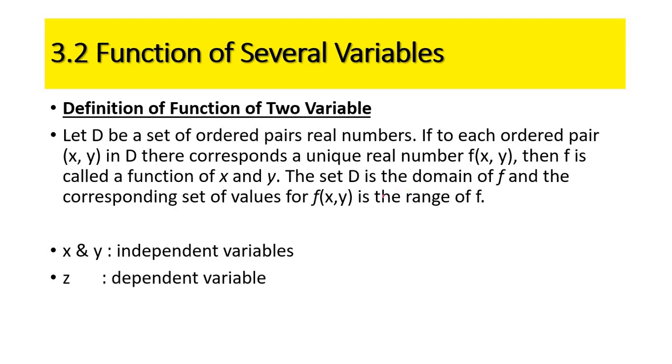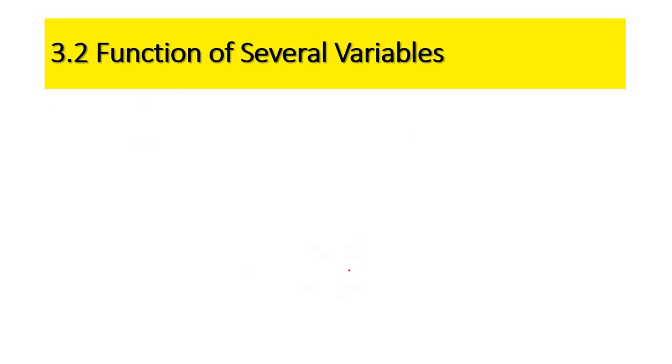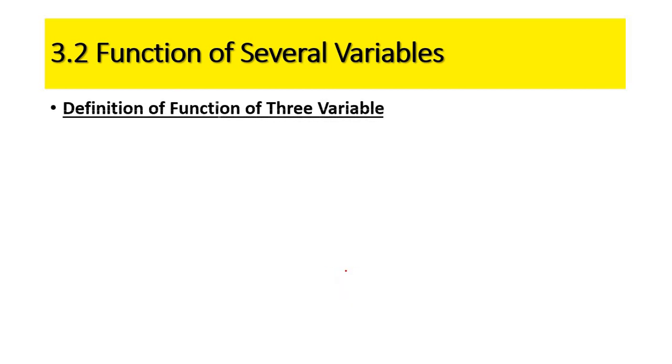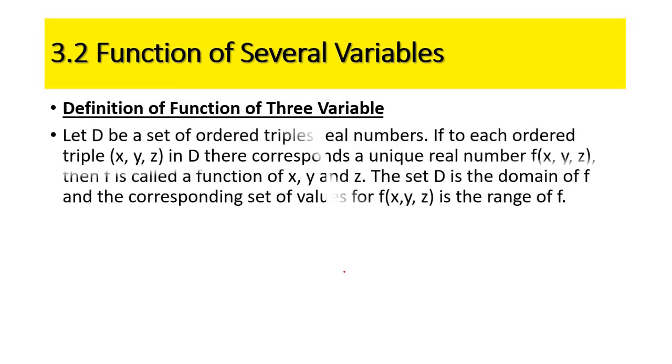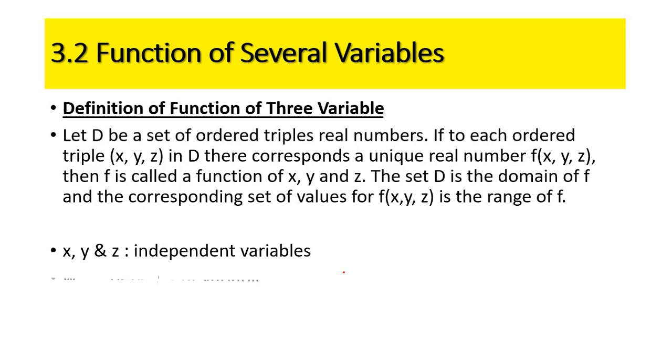Just now I mentioned that for a function of two variables, x and y are the independent variables, or the domain, and z is the dependent variable, or the range. For three variables it's the same: x, y, z become the domain, and w is the range.